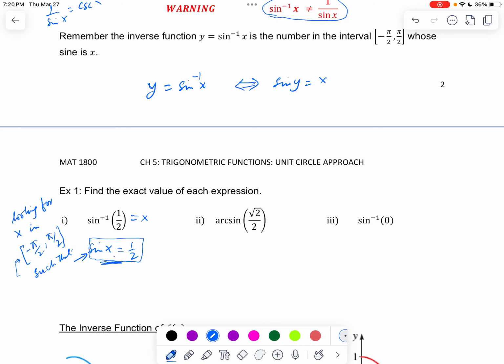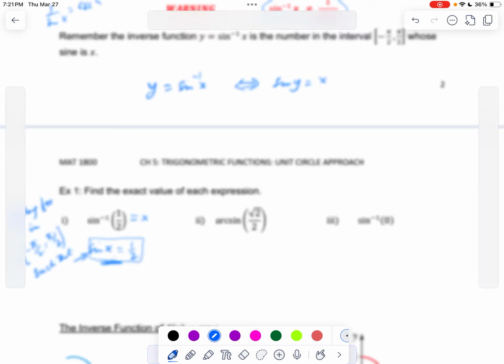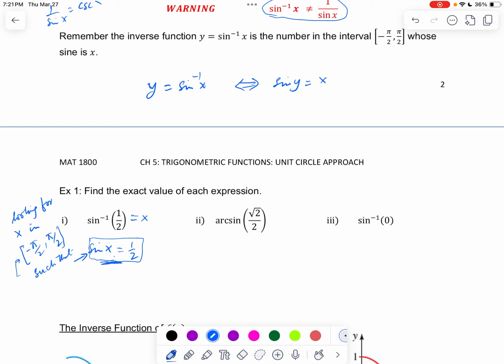But when we are writing this equation from an inverse function, we are looking only for one value. So what value between negative pi over 2 and pi over 2? You can think of it on the number line. This is negative pi over 2, and this is pi over 2, and somewhere here will be 0.